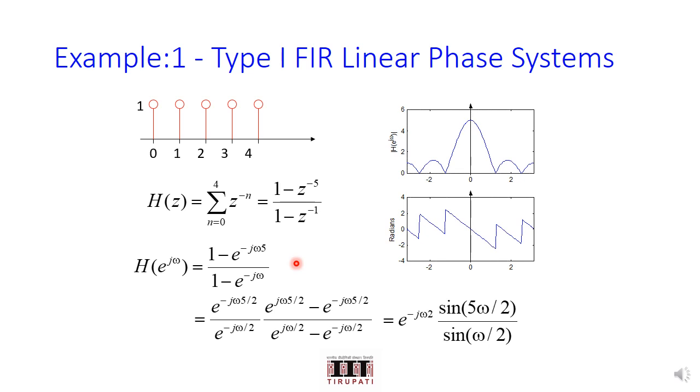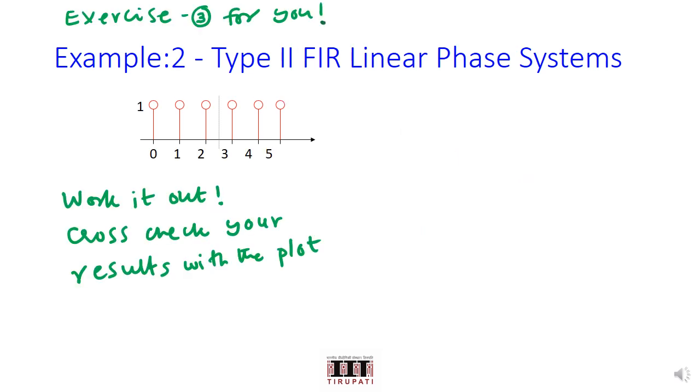Now in the rest of the expressions, 3 examples are exercises for you, where you have to derive these expressions of H of e power j omega, draw them using pen and paper, and then cross check your results. For example, this is exercise 3 for you. Type 2 system is here.